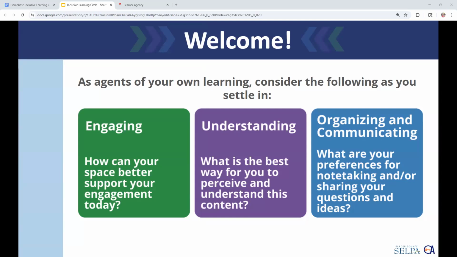Maybe you need a fidget, and then consider what's the best way for you to perceive and understand this. I know a lot of this is in our hands because we're presenting, but if you want to have the slides up separately so you can follow along, great. If you want to be digging into the resources while we're talking, go ahead and do that. And then think a little bit about your preferences for note-taking or sharing and answering questions.